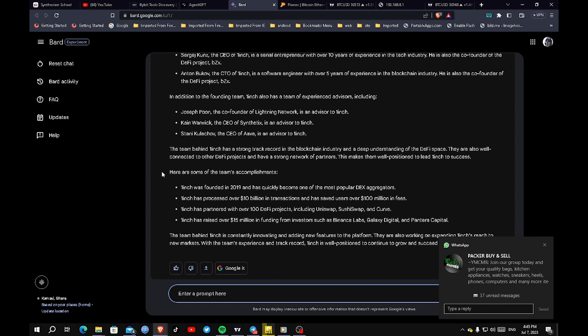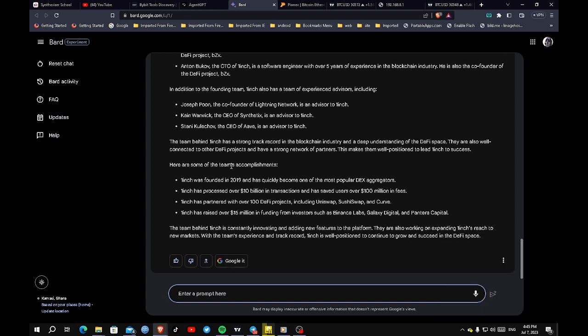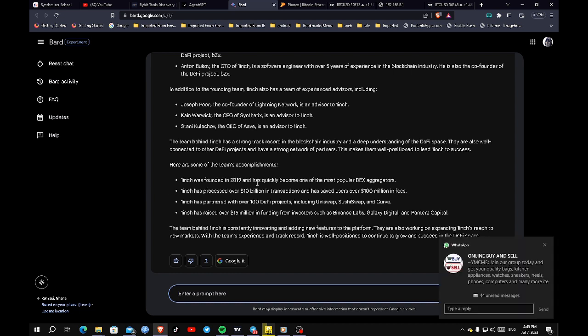It goes on to say that the team behind 1inch has a strong track record in the blockchain industry and a deep understanding of the DeFi space. They are also well connected to other DeFi projects and have a strong network of partners. This makes them well positioned to lead 1inch to success. Some of the team's accomplishments: it was founded in 2019 and has quickly become one of the most popular DEX aggregators.